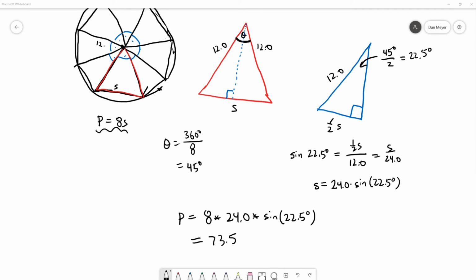Is the video stuttering? I'm not seeing anything on my end.